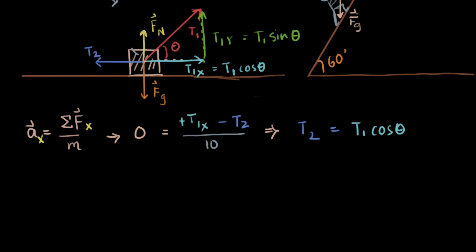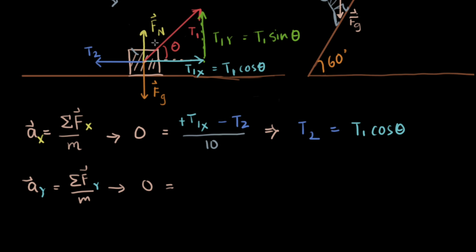And let's do that with our y-axis. Again, this time we have zero acceleration because it's at rest. And we have a couple more vectors right here.